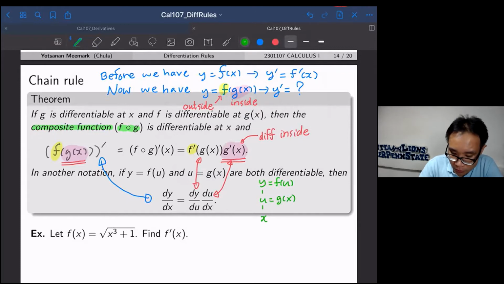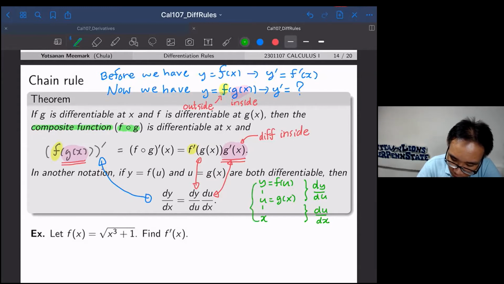So you'll be able to differentiate. This guy is dy du, and this guy is du dx. And you're going to see that by using the chain rule, you'll be able to get dy dx equal to the product of the yellow guy and the pink guy.